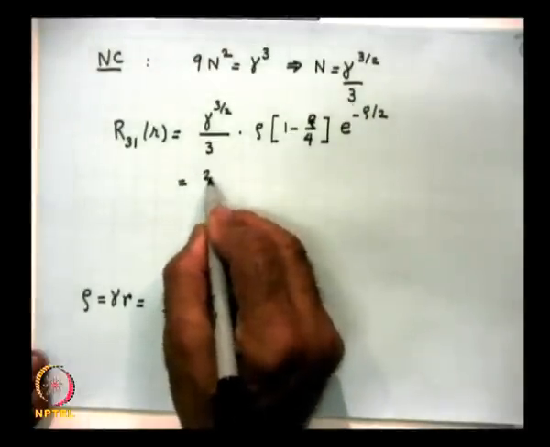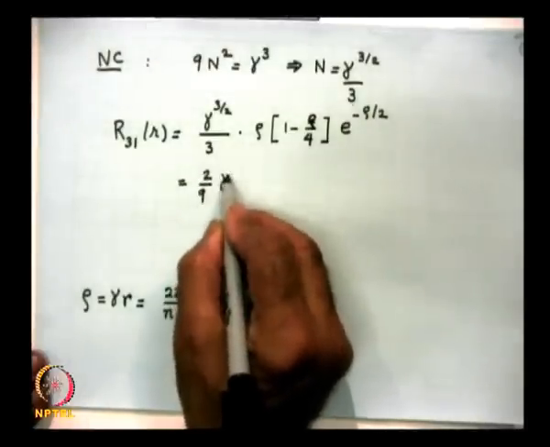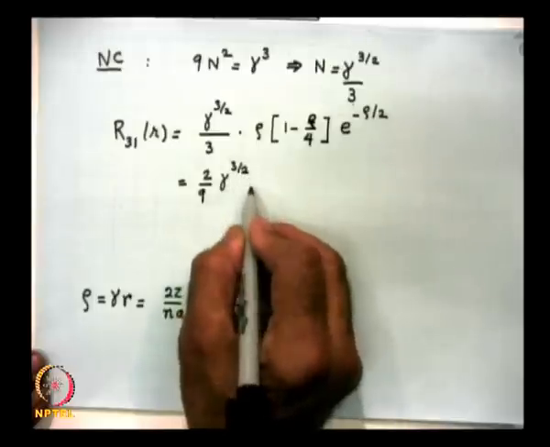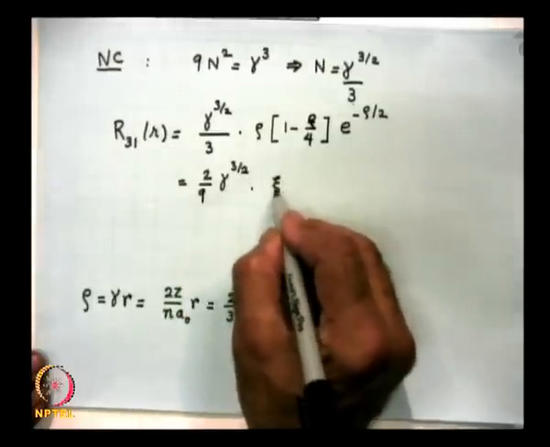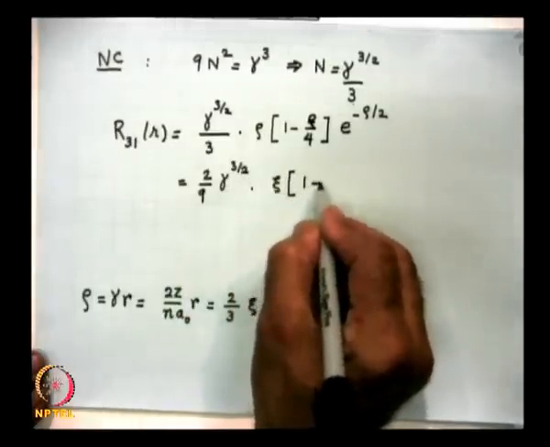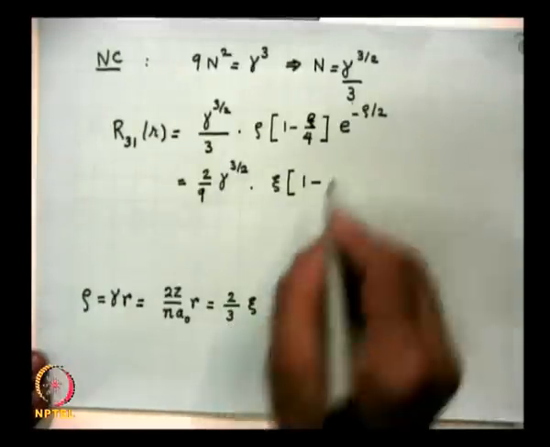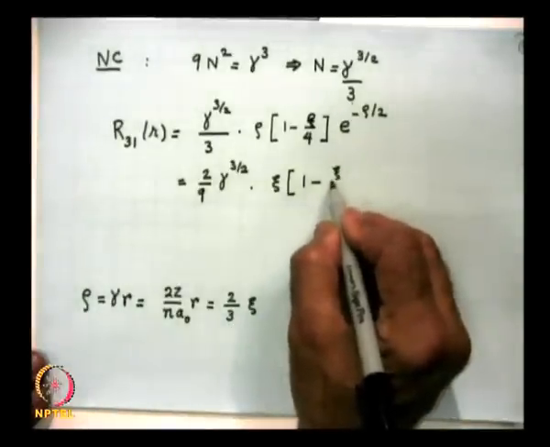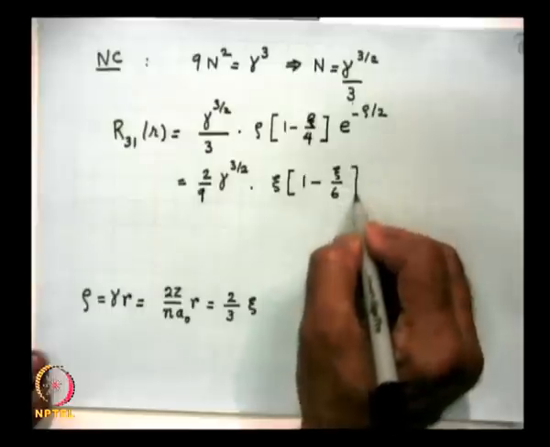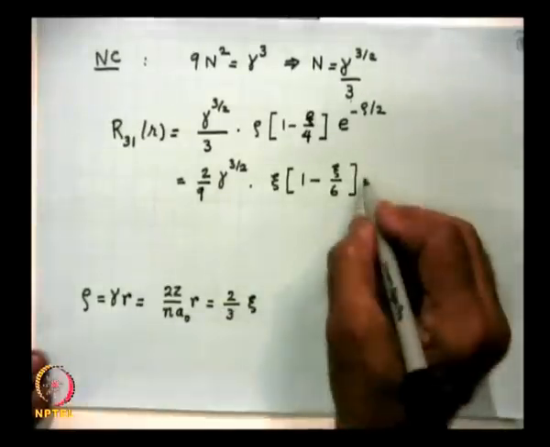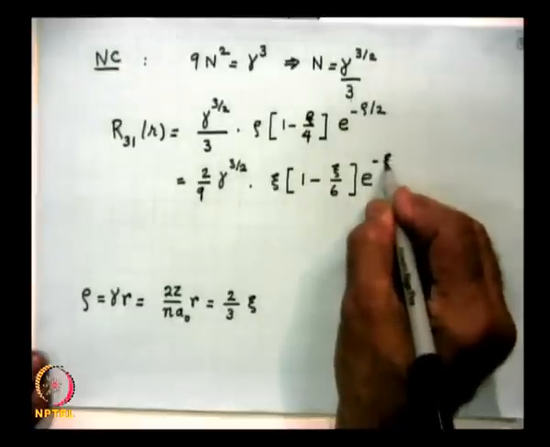So, 2 by 9 gamma raised to the power of 3 by 2 into xi into 1 minus rho is equal to 2 by 3 xi, so xi by 6, and rho by 2 will be xi by 3.